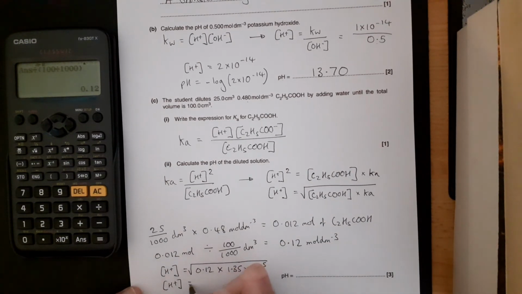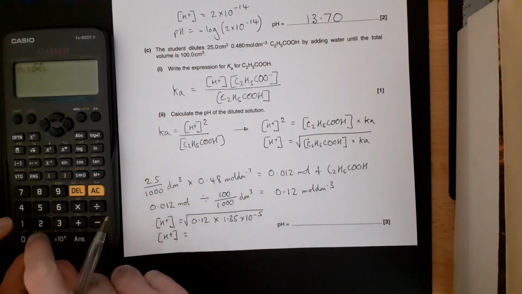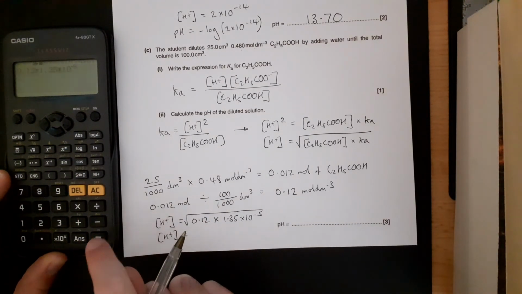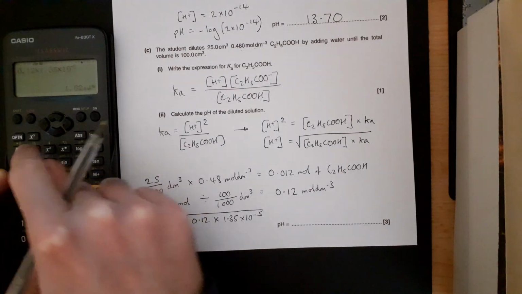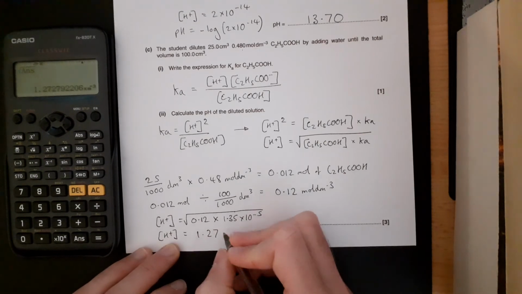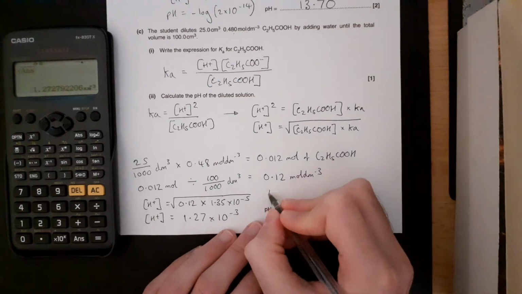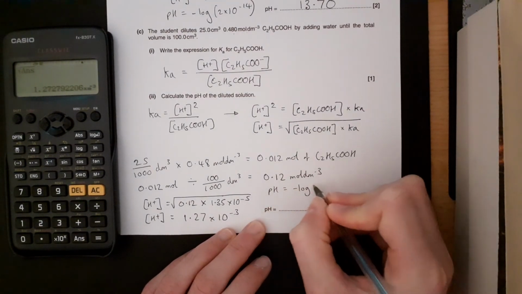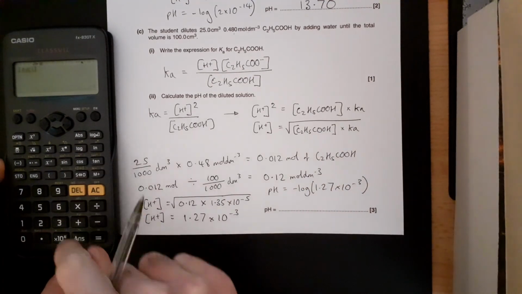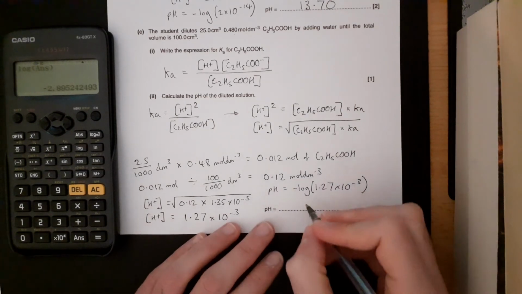So therefore the H plus concentration is 0.12 times 1.35 times 10 to the minus 5, square root of that, 1.27 times 10 to the minus 3. So therefore the pH is the negative log of 1.27 times 10 to the minus 3, which is 2.89, so it's 2.90.